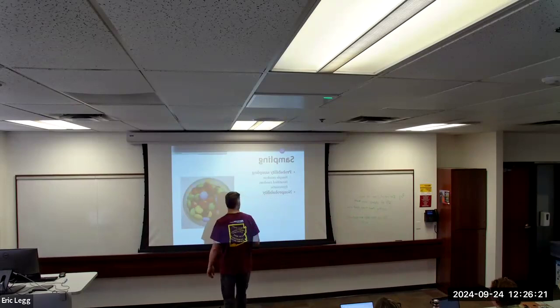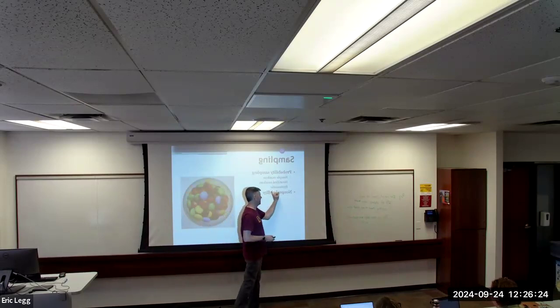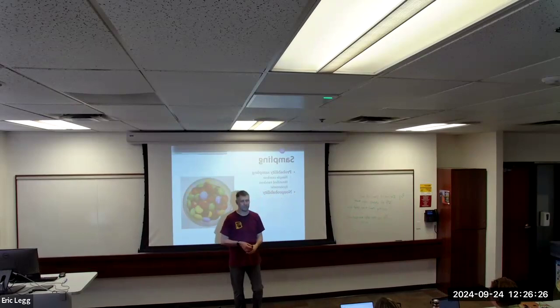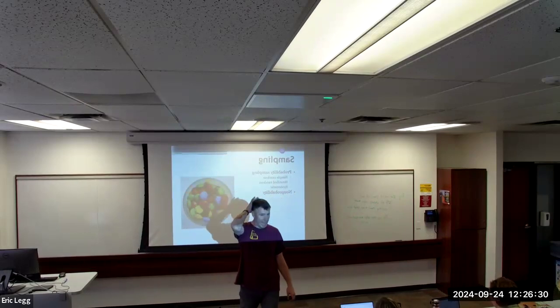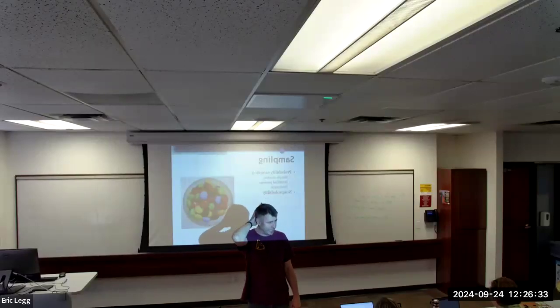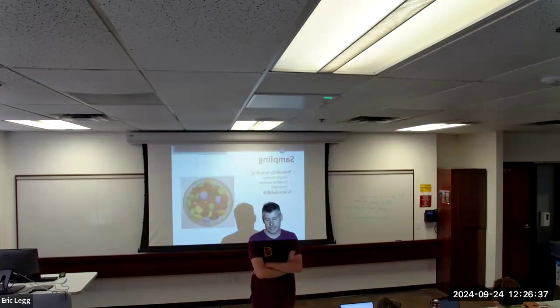Second type, and we're going to talk about these individual ones, is non-probability. In non-probability sampling, there is some bias to who gets selected. There's some bias to who's in my sample.